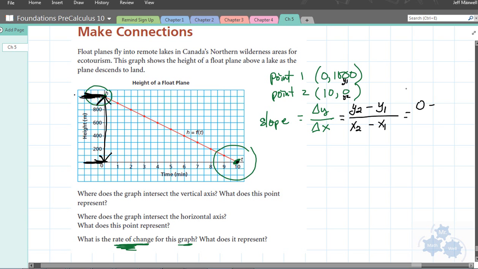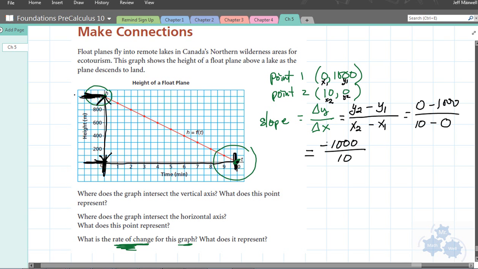That is the y value for point 1. All right? y2 minus y1. Change in x is this change from here to there, right? That change. So x2 is, here's x2, that's 10, minus, here's x1, the x value for point 1, 10 minus 0. So the slope is negative 1,000 divided by 10.